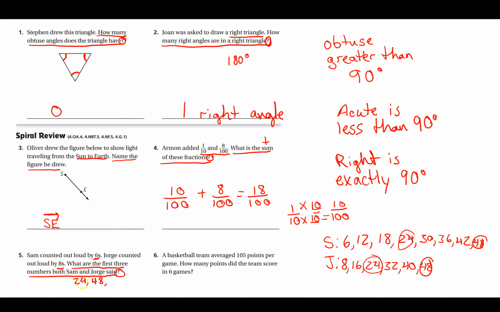So 24 plus 24 is 48. 48 plus 24 will give me my third number they have in common. So 48 plus 24 is going to be 72. But again, if you wanted to continue counting on, you could also solve it that way. Always, always more than one way to solve a problem.